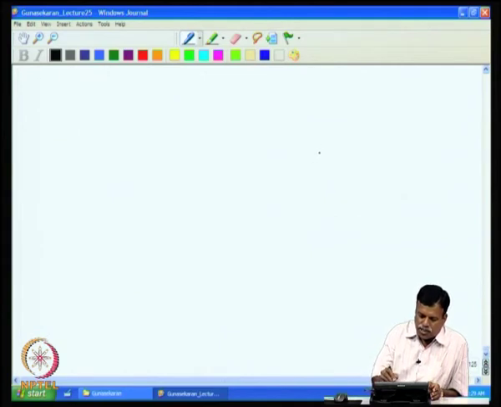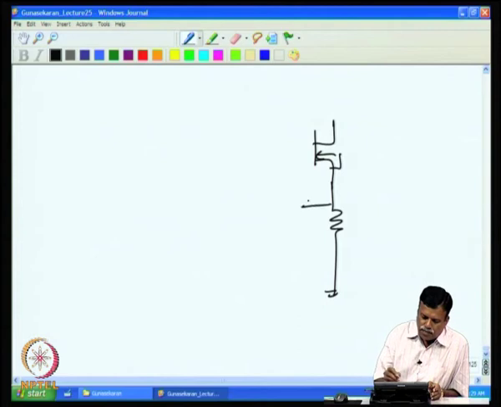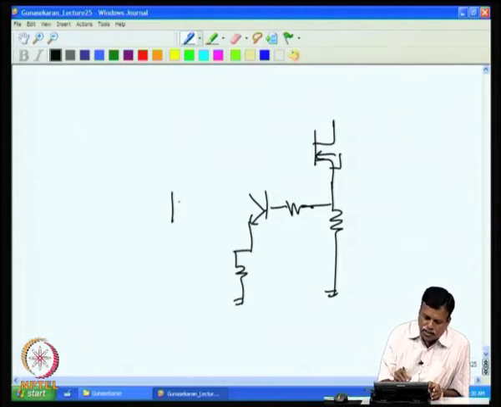So, we can redraw the circuit, that is, we can have the switching transistor here and with the resistance. Now, what can be done is that this can be applied in a similar manner to the transistor here, and then we can also apply this, and here we can have a V reference.